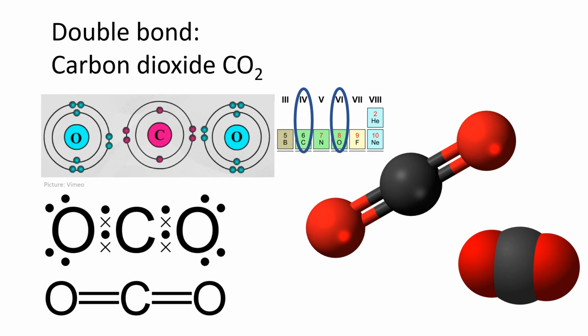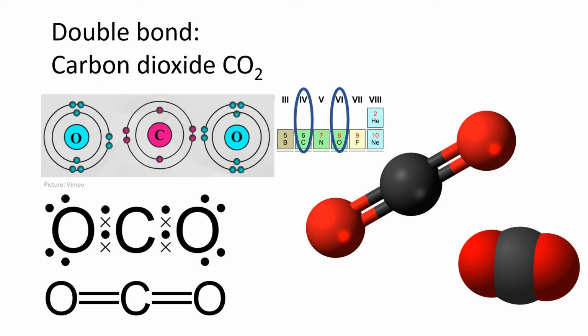A single bond corresponds to one shared electron pair, while a double bond corresponds to two shared electron pairs. Carbon is in group 14, main group 4, so it has 4 valence electrons. Oxygen is in group 16, main group 6, so it has 6 valence electrons.